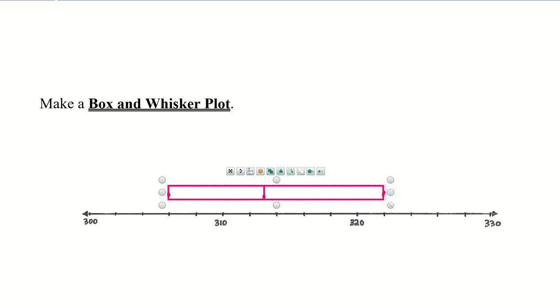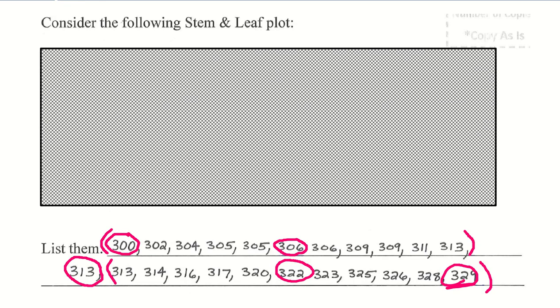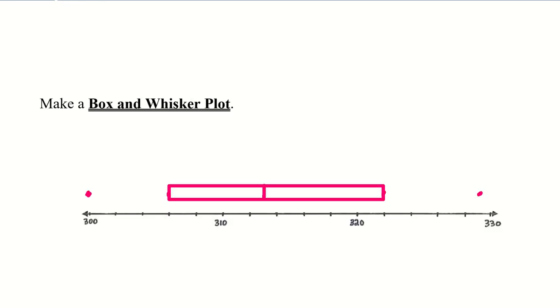So the lower median is where you draw the left edge of the box, then the upper median, and then the overall median. And then the absolute lowest and the, I think it was 329, right? The absolute highest. Yep. That is where you draw your whiskers out to.